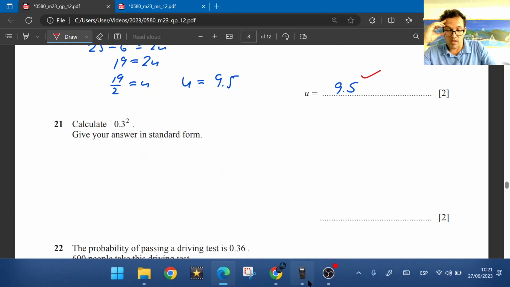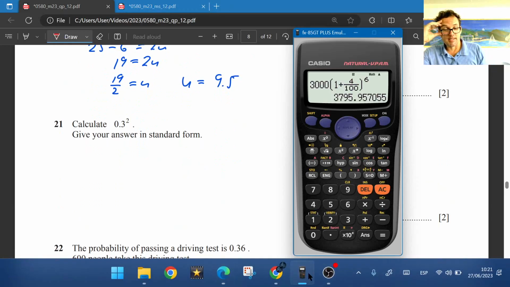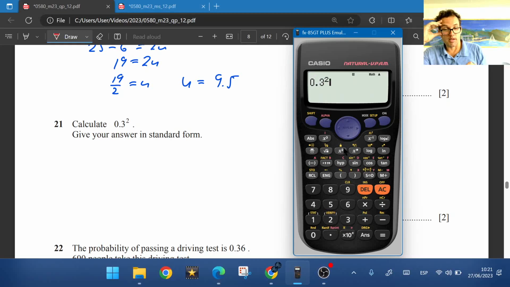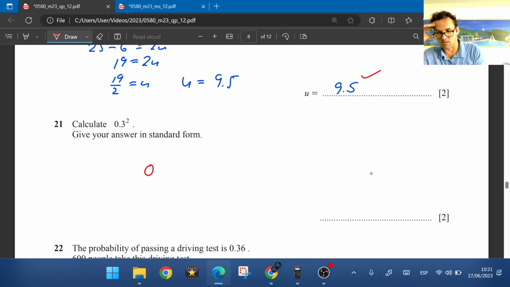Calculate 0.3 squared. Easy, easy. 0.3 squared. There we go, 0.09. Full marks? No, because now they want it in standard form.